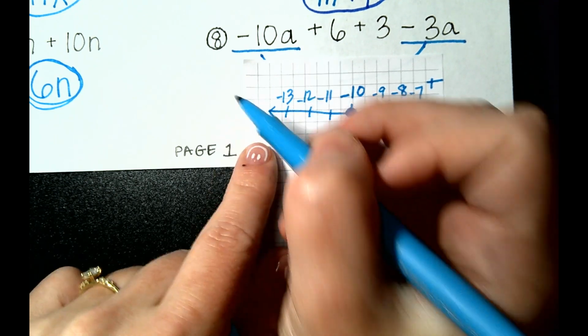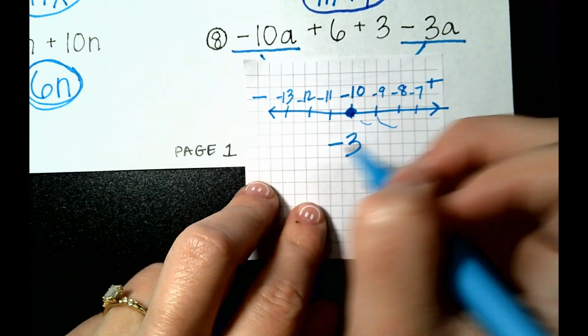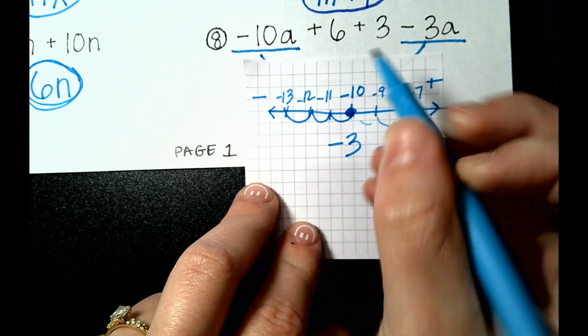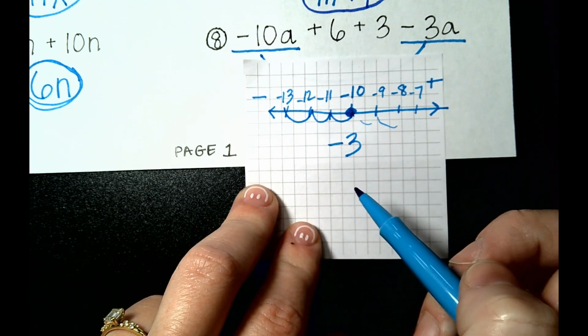But when I subtract, we move to the left 3 towards the negatives. So we'll go 1, 2, 3, negative 13.